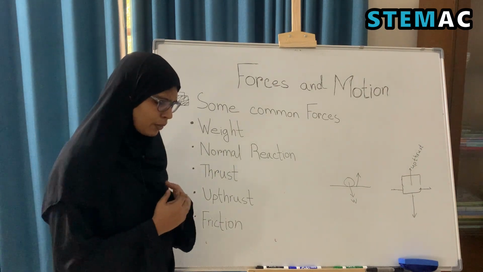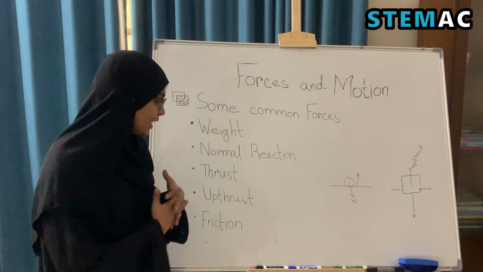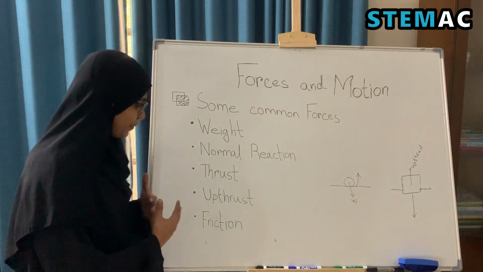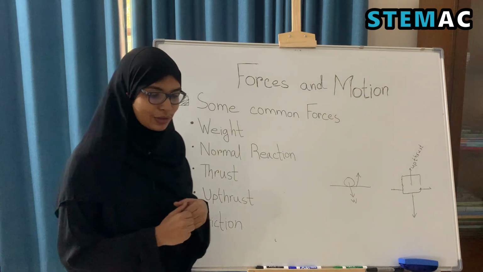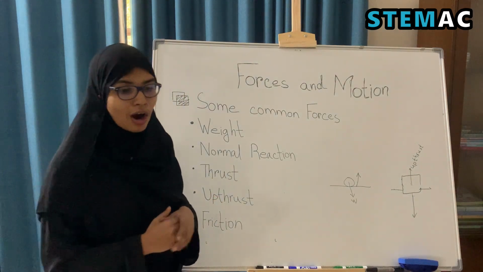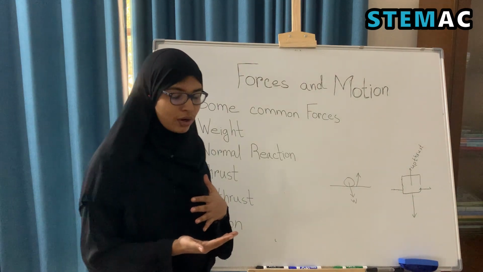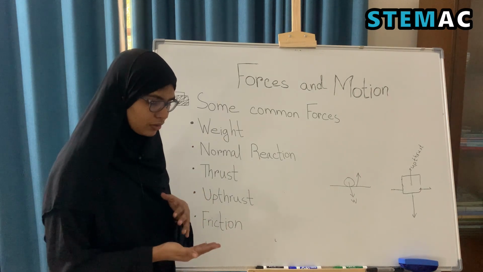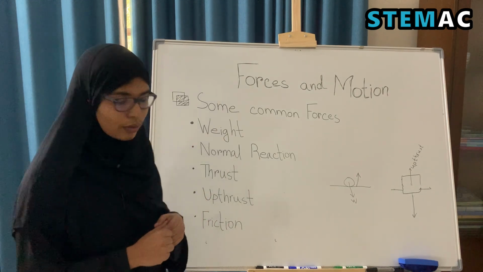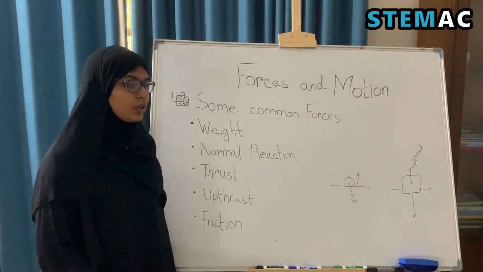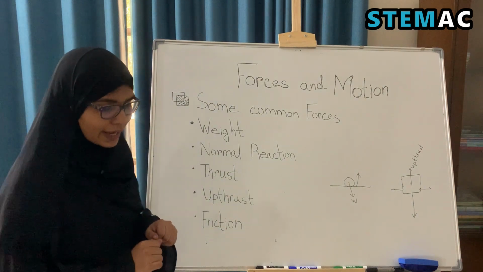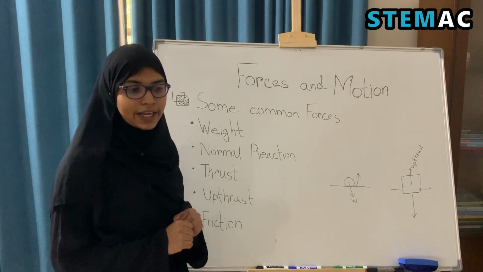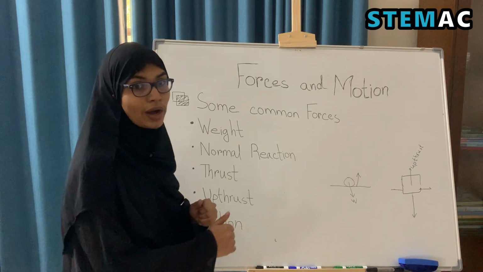Also, we would miss the advantage of friction when we move on snow or ice, or when the soles of our shoes wear out. When we move on ice, there is not much friction acting, and it's much more difficult to walk on ice.